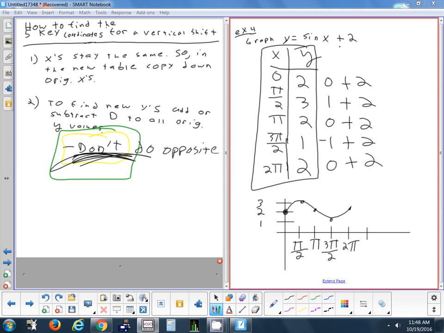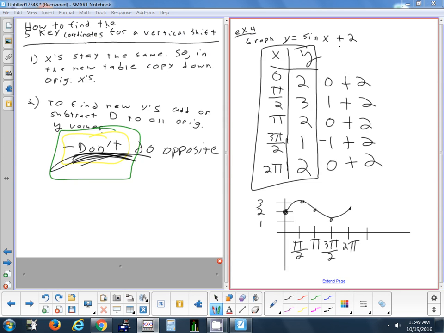This one, I can't demonstrate it for you. What's the amplitude of that function? Yeah, Jake? 1. The amplitude is 1. Yes. Okay. What's the maximum value of the function? 3.